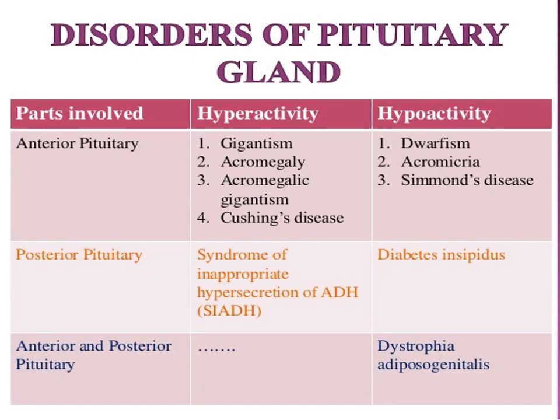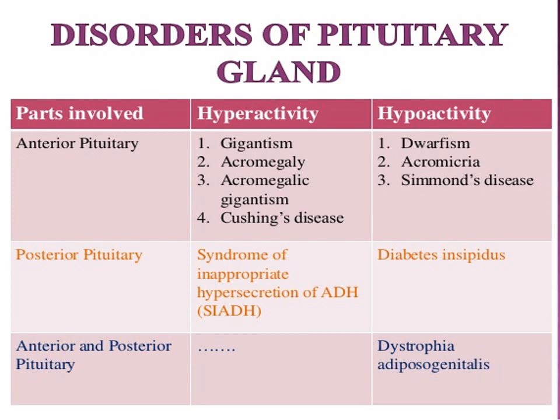Now, the disorders of the anterior pituitary gland include tumors like hyperplasia or pituitary adenomas that result in hyperactivity and hypoactivity of the gland. If it is hyperactive, it can lead to gigantism if there is an excess amount of growth hormone during childhood, or acromegaly if the excess growth hormone occurs after closure of the epiphysis of bones, and Cushing disease.